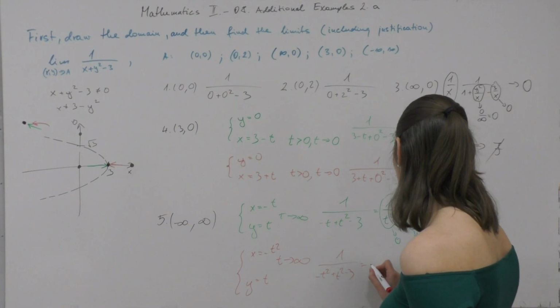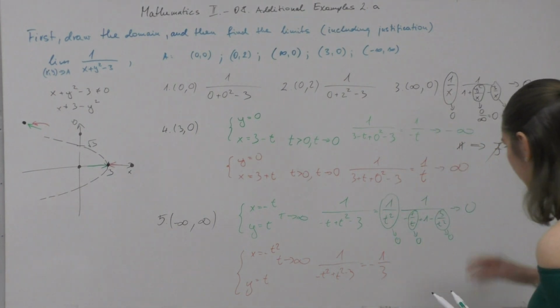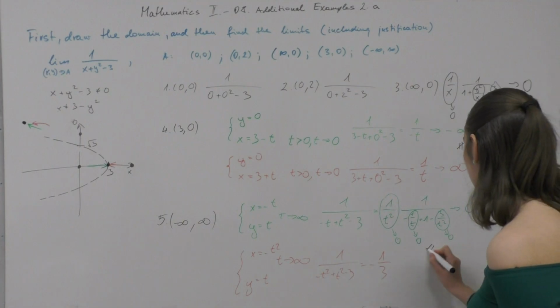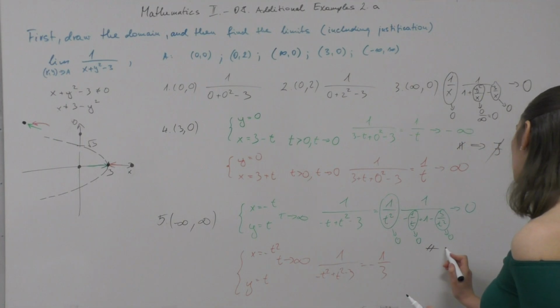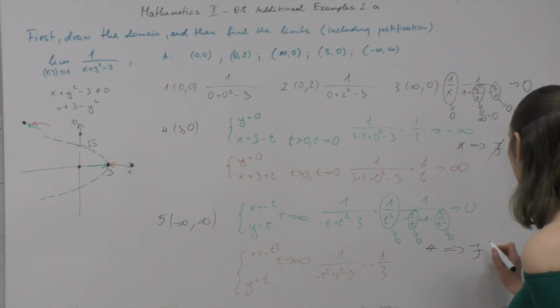So it's gonna be minus 1 over 3, 0 and minus 1 over 3 does not equal, so the limit does not exist.